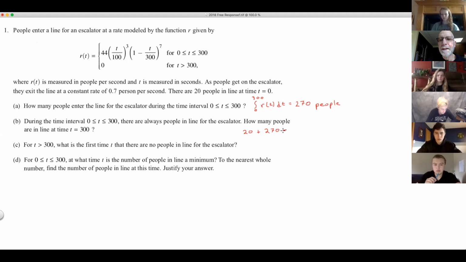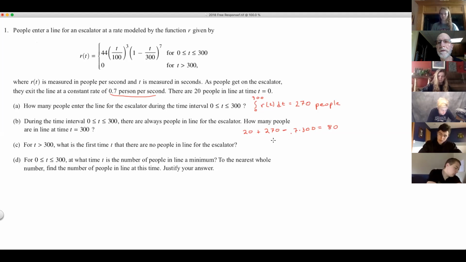And you know there are people leaving the line, 0.7 for every second that goes by. So it's going to be 0.7 times 300, which is what? 80. Now, there is nothing wrong with that answer.